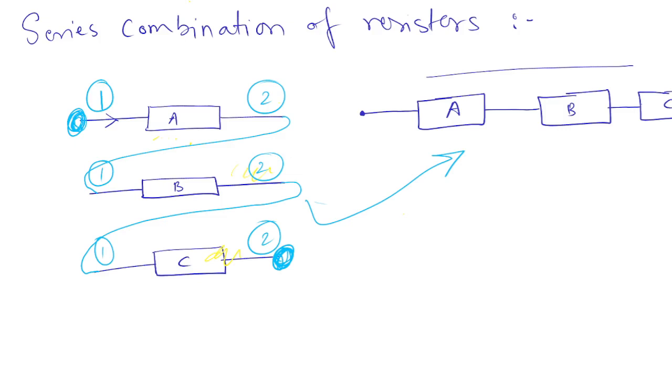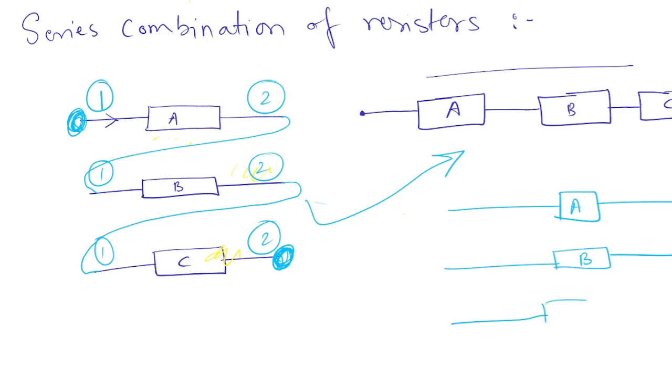Sometimes students get confused after seeing combinations something like this. Okay, this is resistor A, and this is resistor B, and this is resistor C, and they are connected something like this, 1 and 2.